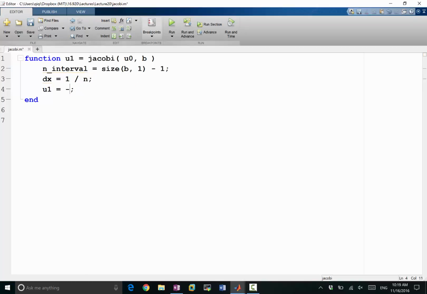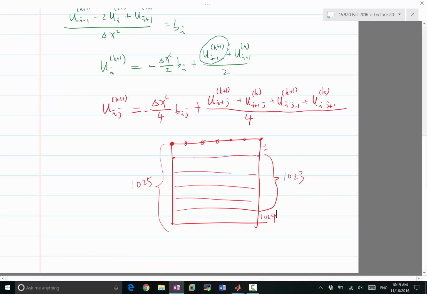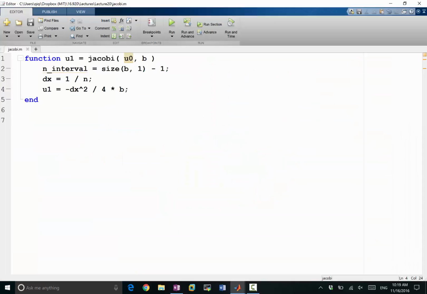We can do minus dx squared over 4 times b. That is the first term in our iteration. And then for i goes from 2 to n, since we are doing the interior, and for j goes from 2 to n.